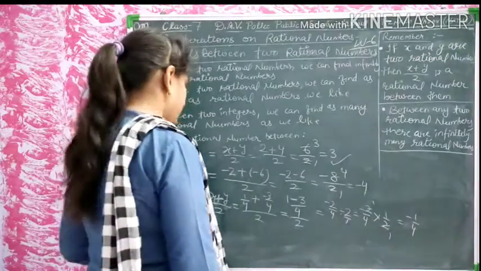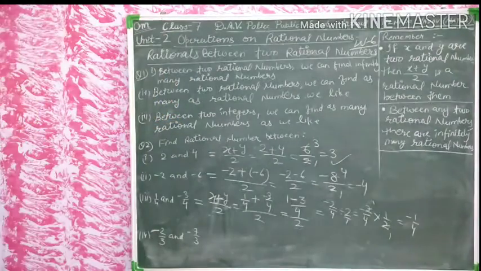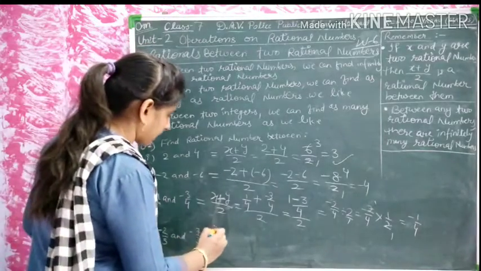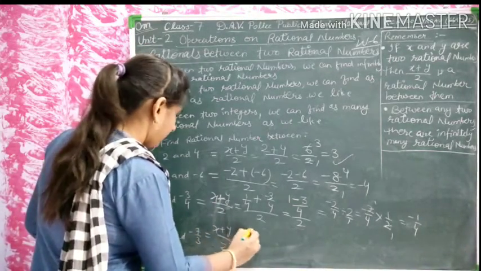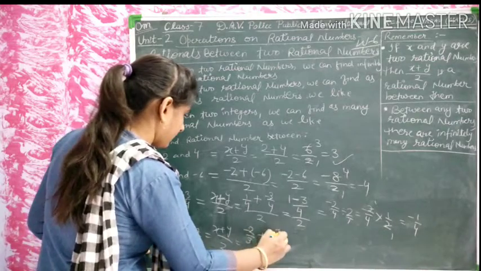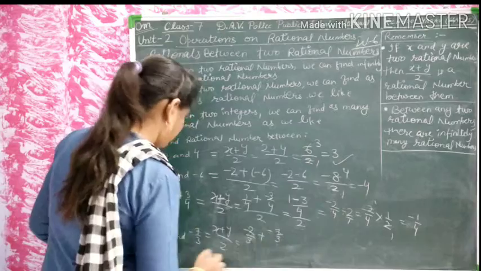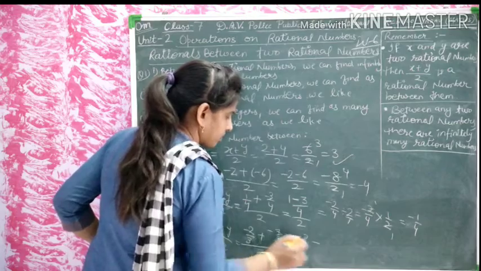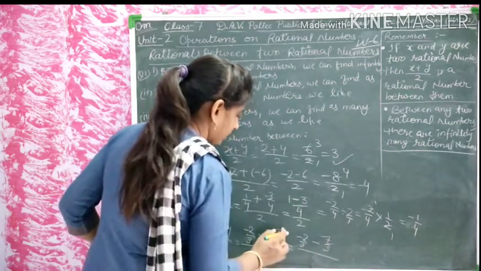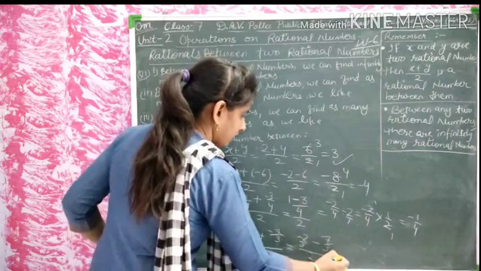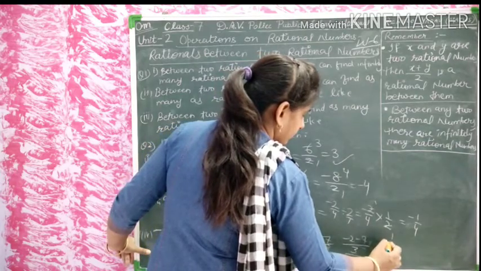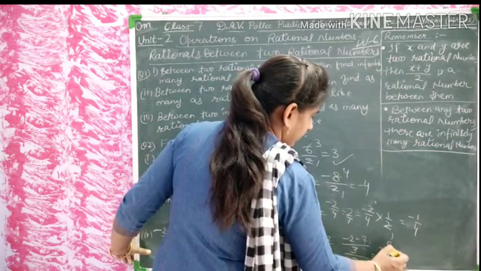Now we will go to the next question. Now we will solve this question. Minus 2 by 3 and minus 7 by 3: x plus y divided by 2 gives minus 2 by 3 plus minus 7 by 3, divided by 2. Now the LCM is 3, so minus 2 minus 7 is minus 9 by 3, divided by 2.